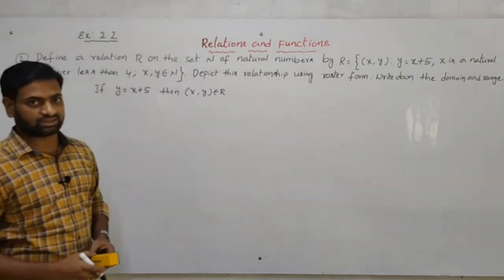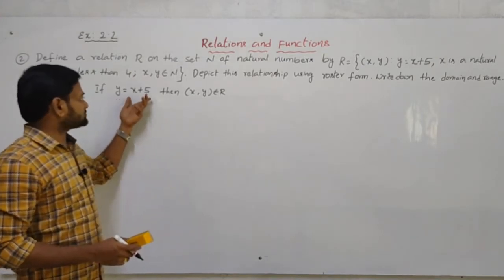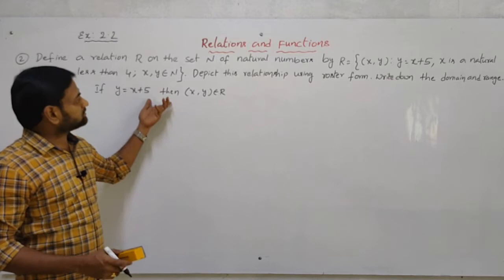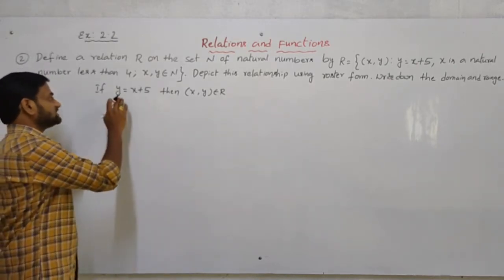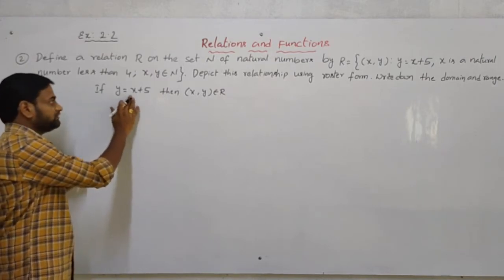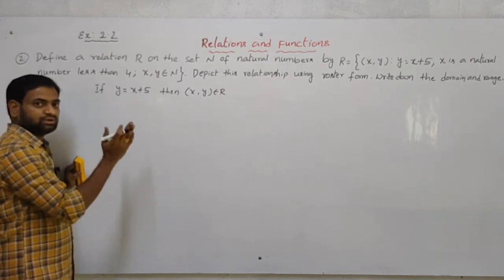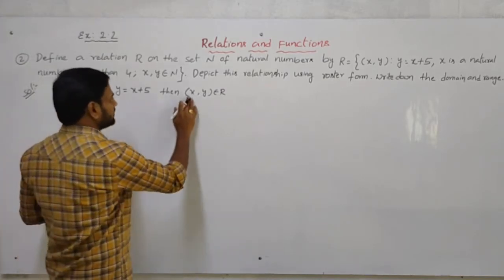That is the actual meaning. That means if any ordered pair satisfies this condition, any x value, any y value satisfying this condition, then (x, y) belongs to R.